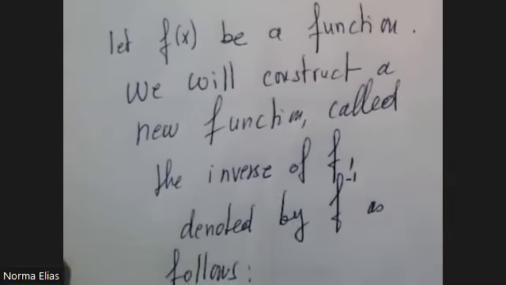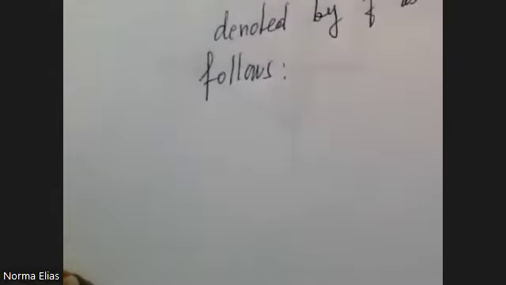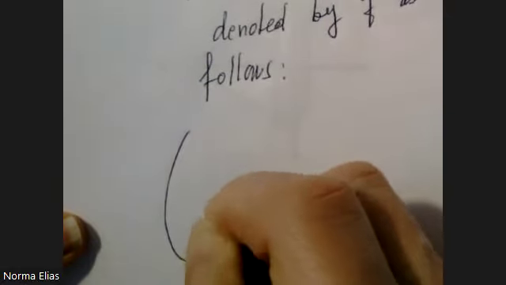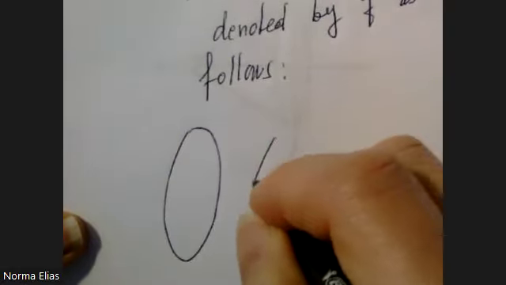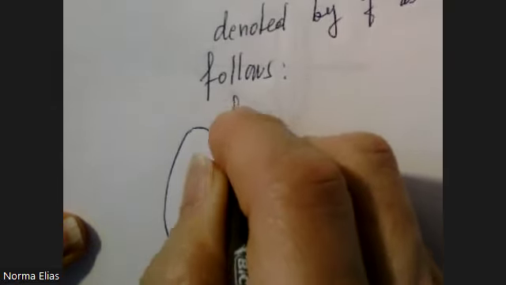Okay, so we have a function. We're going to construct a new one from f called the inverse. It's denoted by f inverse as follows. So I'll show you how we build it in a very simple way. Suppose I have the following function f. So this is my function f.